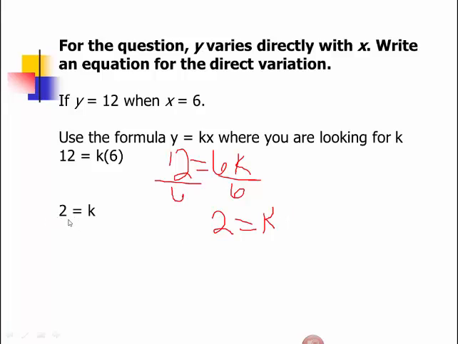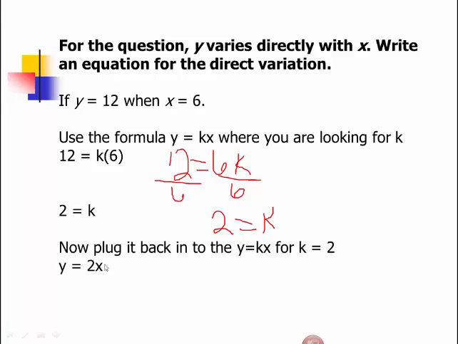So now, I'm halfway done. I just need to rewrite the formula with the k in it. So my answer is y equals 2x. Because k was 2, there's my answer, and I'm done. Period, that's all for the first part. Go ahead and hit pause and write that down.